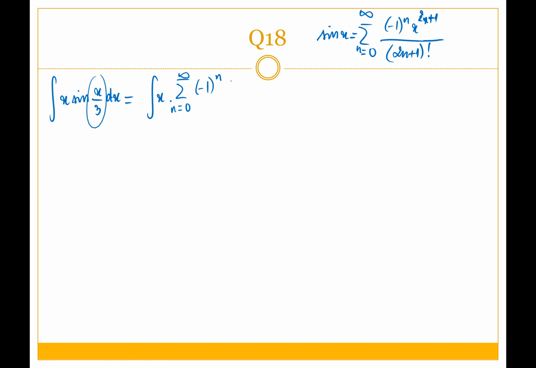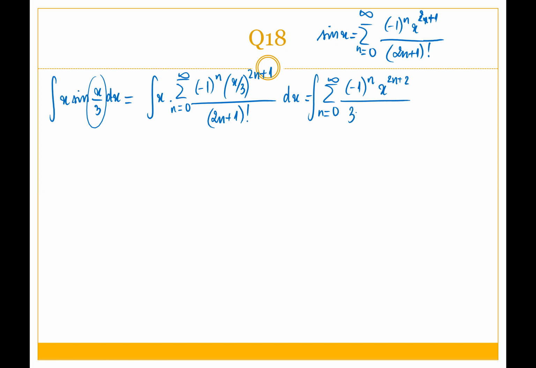So x over 3 to the 2n plus 1 divided by 2n plus 1 factorial dx. Let's put the series in an easier form to integrate: x to the 2n plus 1 over 3 to the 2n plus 1 times 2n plus 1 factorial dx.